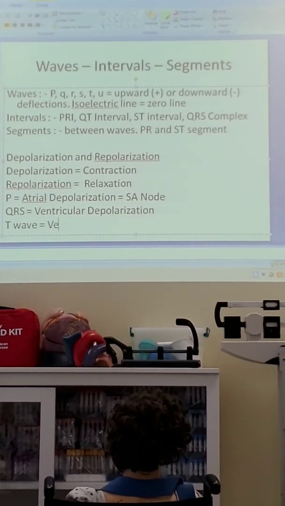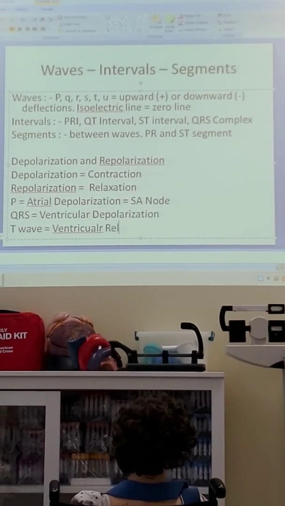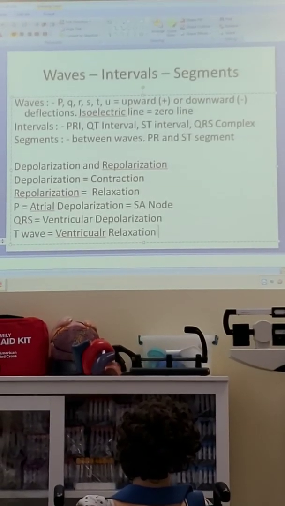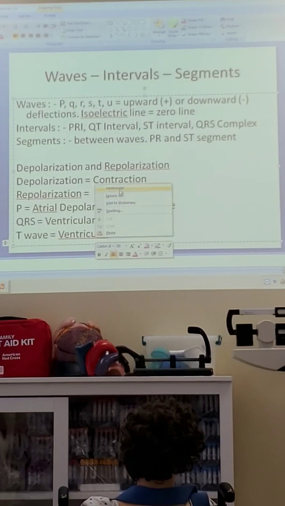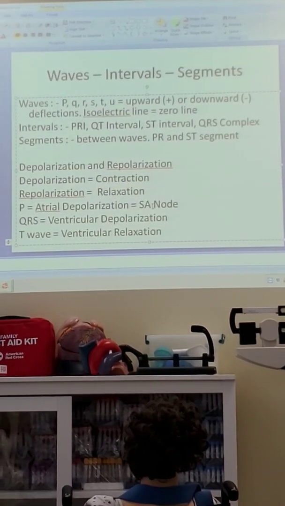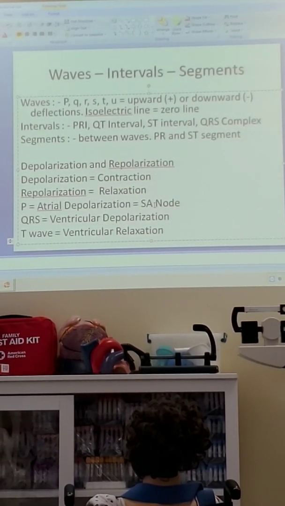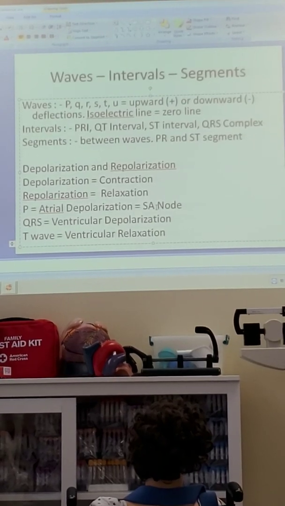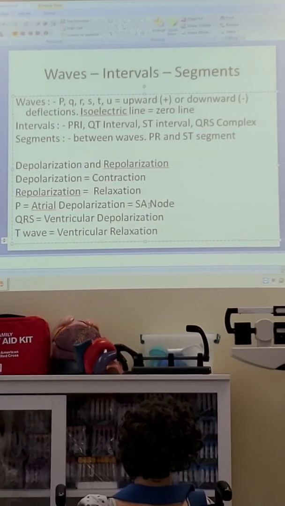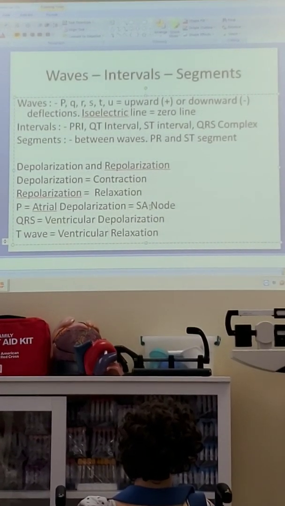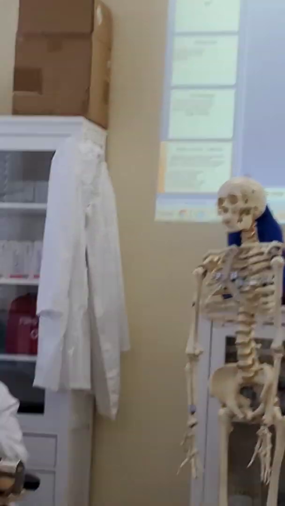That is ventricular relaxation. When the ventricles relax, we get T waves. When the ventricles contract, we get QRS. When the atria contract, we get the P wave. What about when the atria relax?